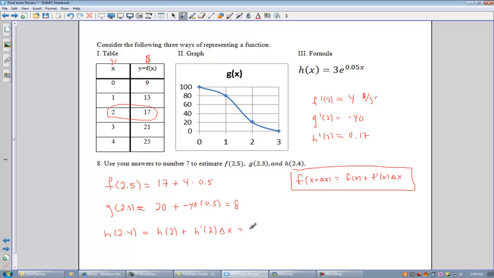Now h of 2, I have to plug it in, so e to the 0.05 times 2. And then plus, let's use the approximation, my derivative approximated as 0.17 times delta x. I'm going from 2 to 2.4, so this is times 0.4.